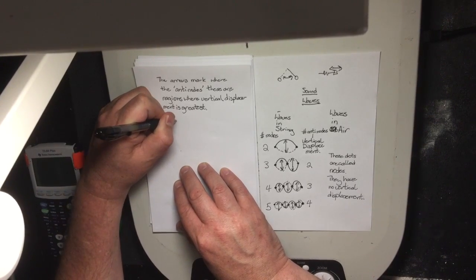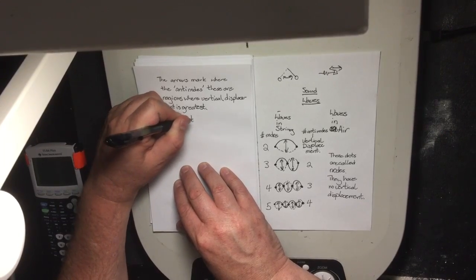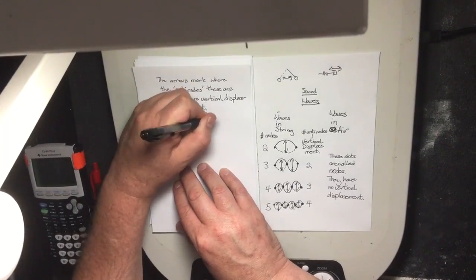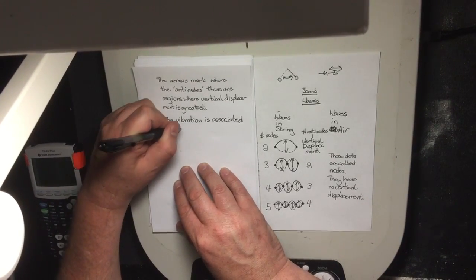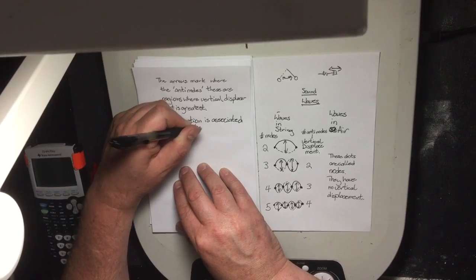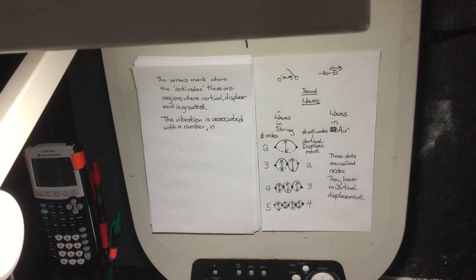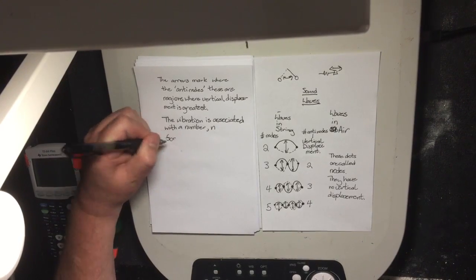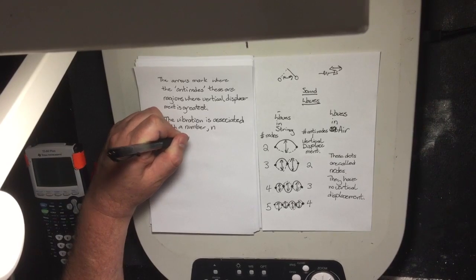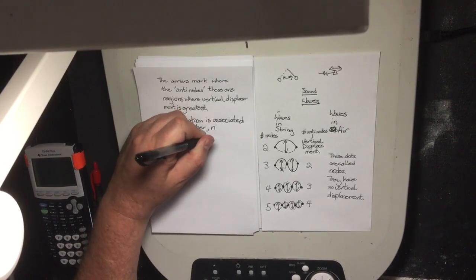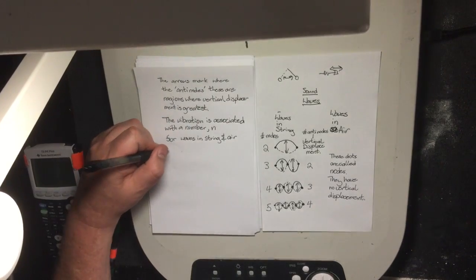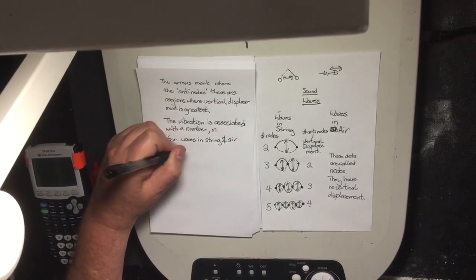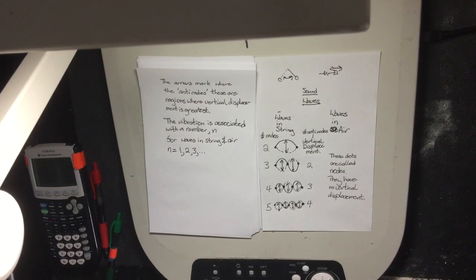The vibration or oscillation is associated with a number, and this is typically labeled as N. For waves in string and air, N is equal to 1, 2, 3, etc. So there, you just use integers.